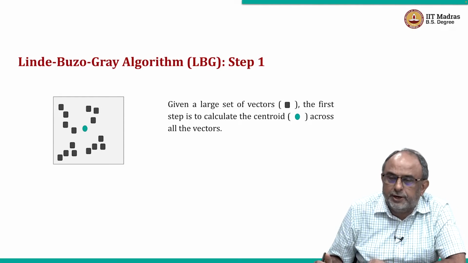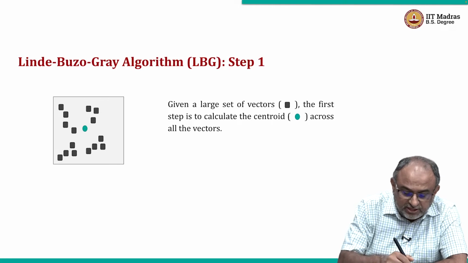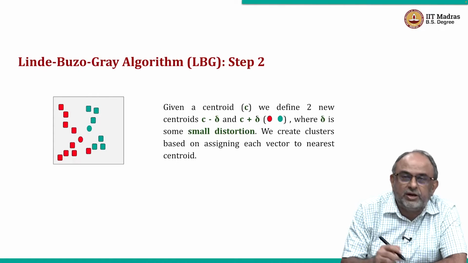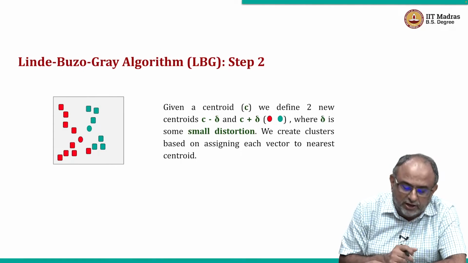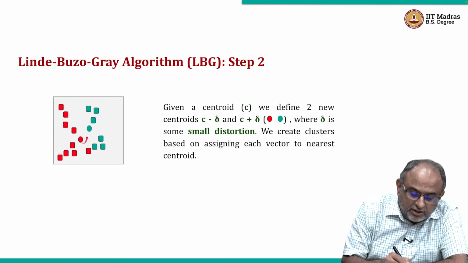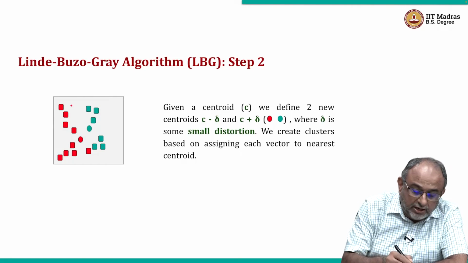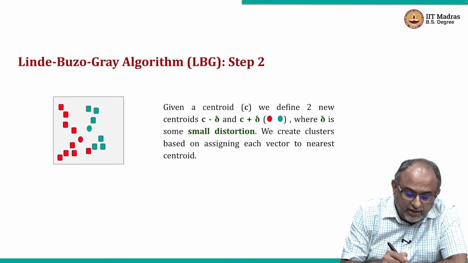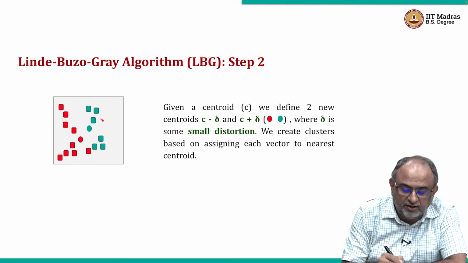And so, we first take the centroid, then we perturb the centroid so that we move it in either direction by a small value. So, now I have created 2 centroids. Now, these are 2 cluster centroids. So, I take all of the data and assign it to the closest cluster, and then I find that all the red are these guys and all the green are these guys.